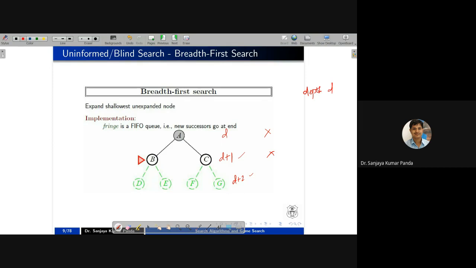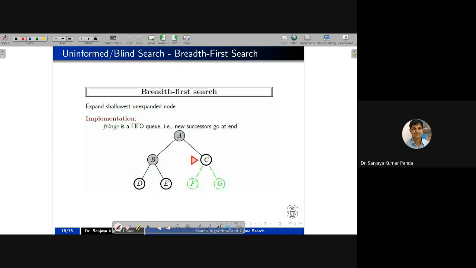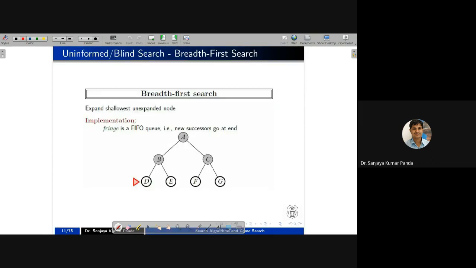In depth D plus 2, if you expand B you get D and E, which are also not your goal node.